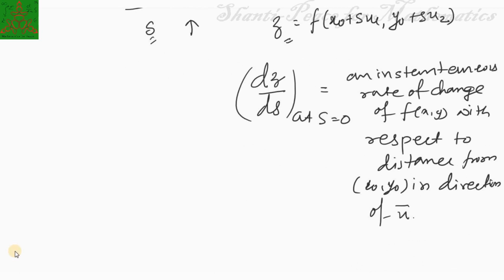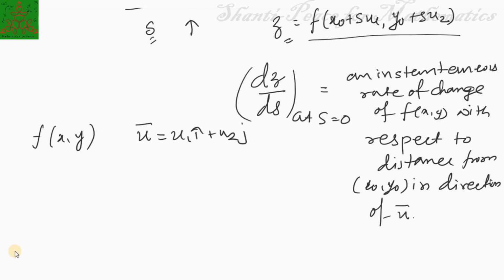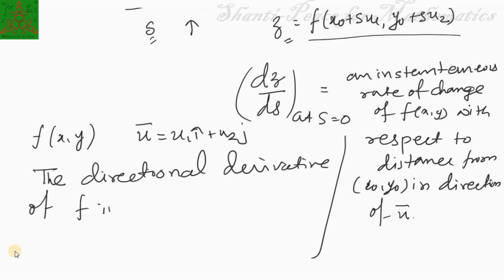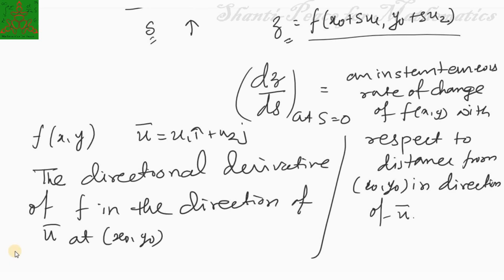Now how can you represent this by definition? It is del z by del s. If f is a function of two variables x and y, and you are given the direction u bar, that is u1 i plus u2 j, which is a unit vector, then the directional derivative of f at the point (x0, y0) is denoted by D sub u bar f of (x0, y0).